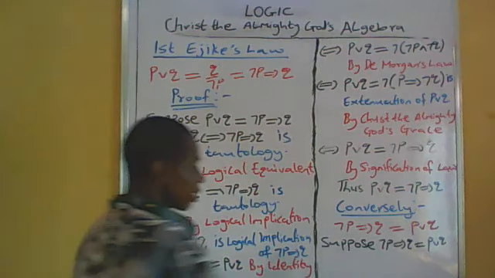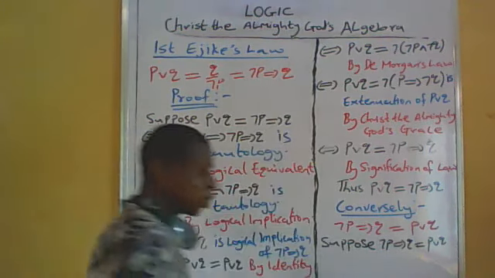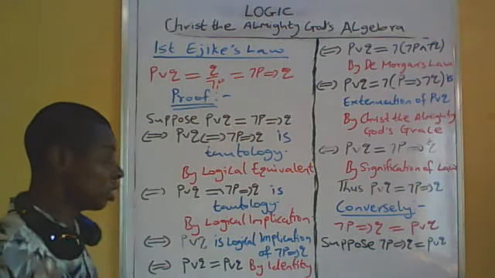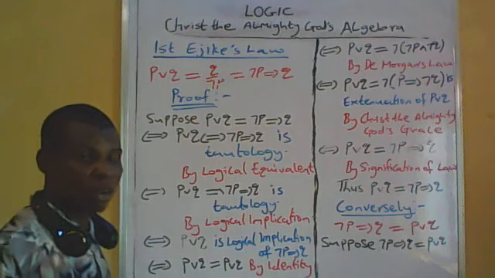Whenever the right side is false, the left side is also false. This is logical equivalence.